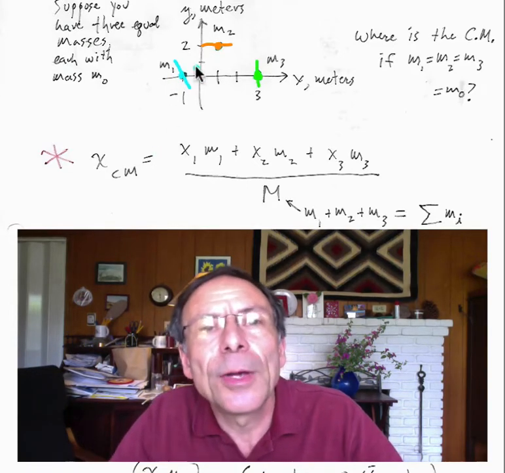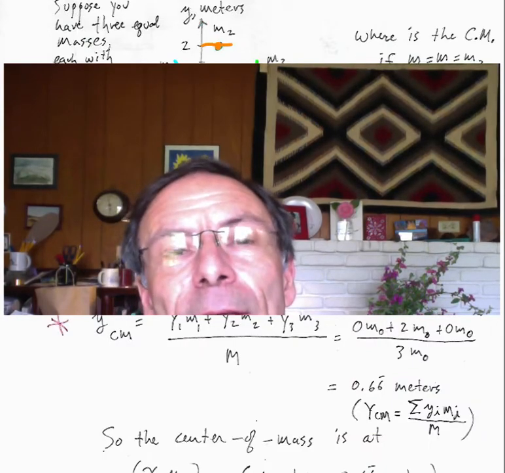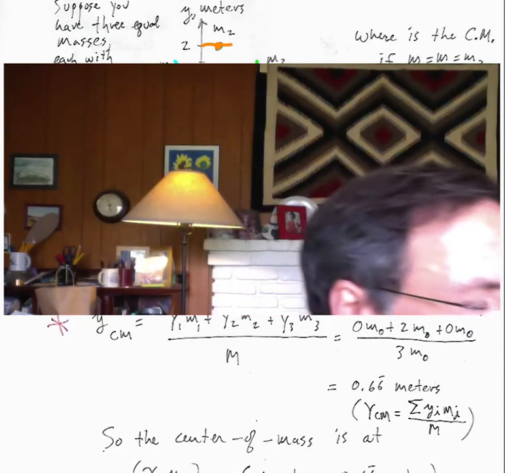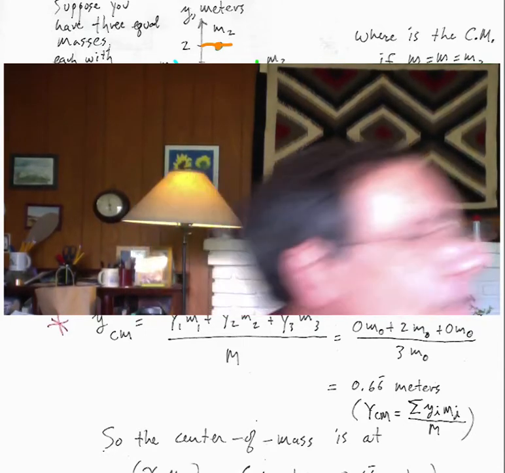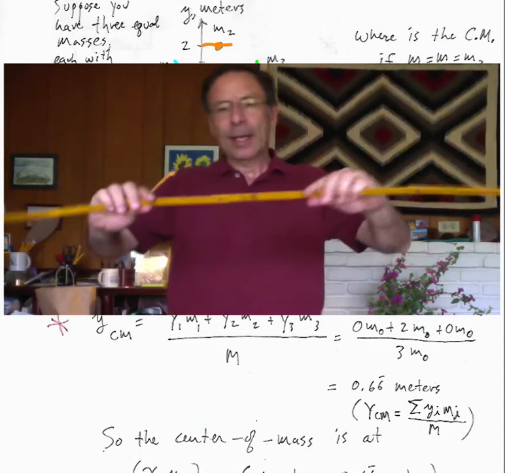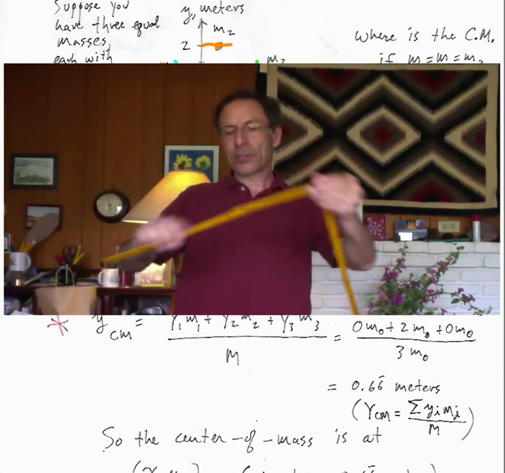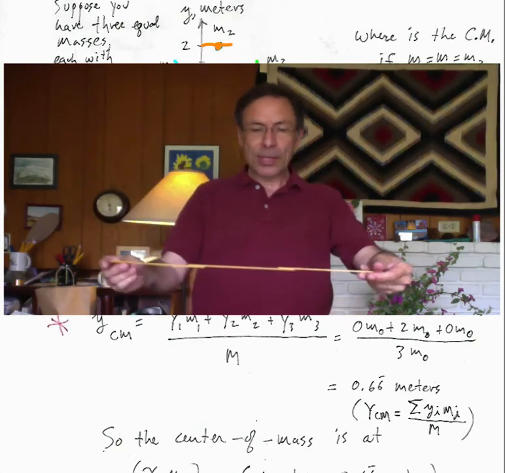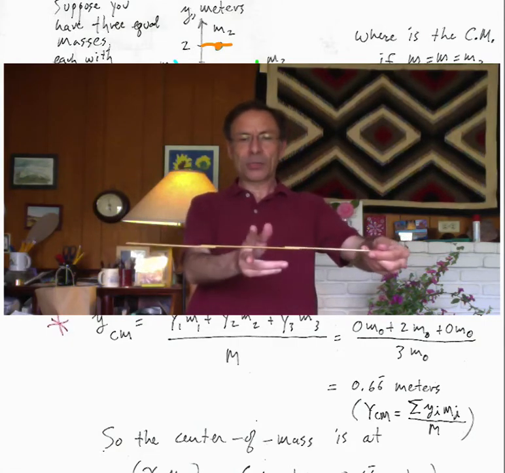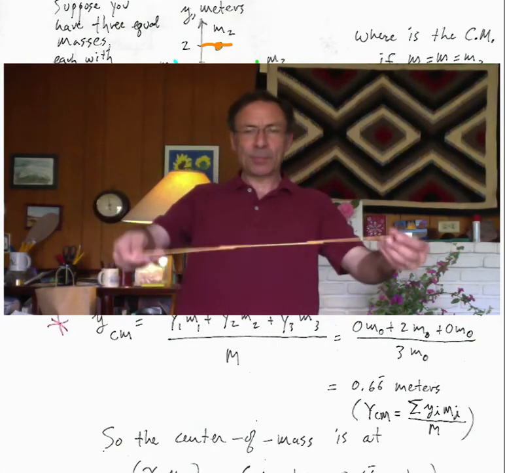I can do it by finding the center of mass of each one of these objects and then working out the math. So I have here for my demo a foldable meter stick. And if I fold the meter stick like this, where's the center of mass of this thing? It's right at the halfway point. Where's the center of mass of this part of it?